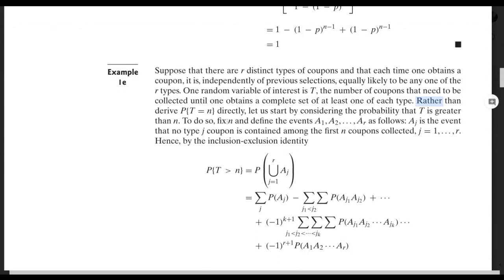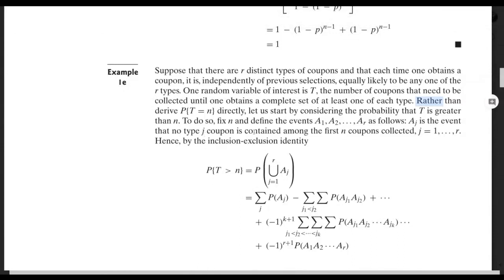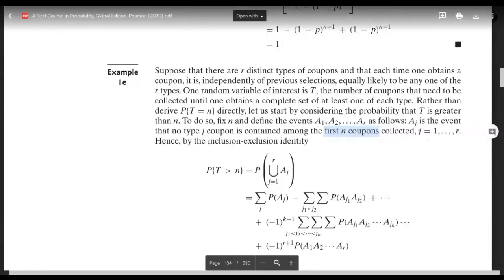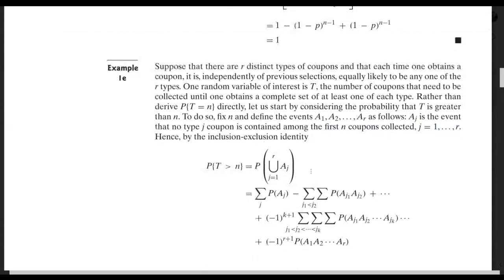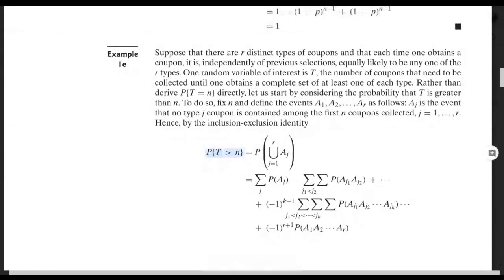To do so, fix n and define the events A1 up to AR as follows. Each Aj is the event that no type j coupon is contained among the first n coupons collected, so j equals 1 up to R. Hence, by the inclusion-exclusion identity, the probability of T greater than n.